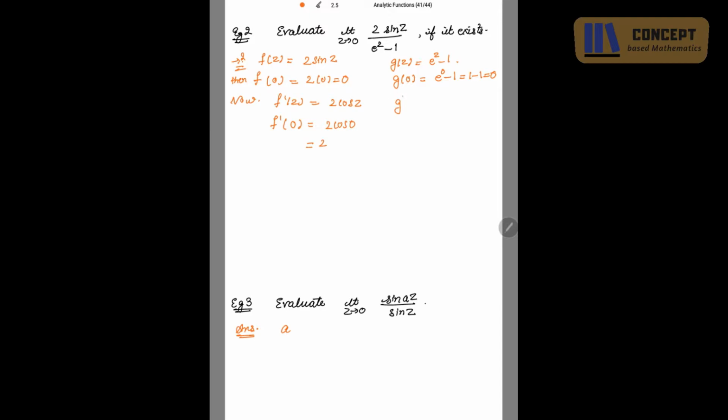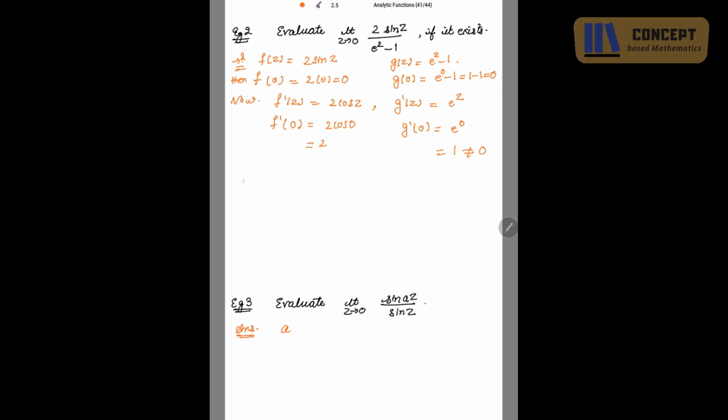G dash z is e the power z, and g dash 0 is e the power 0, that is equal to 1, which is non-zero.